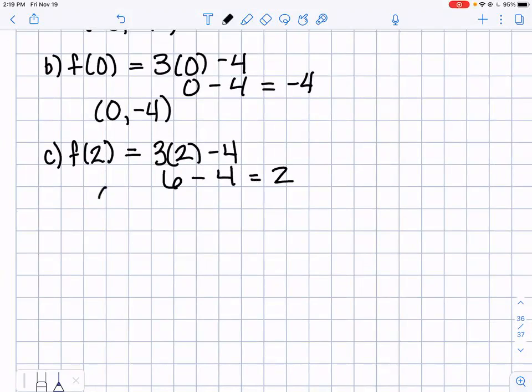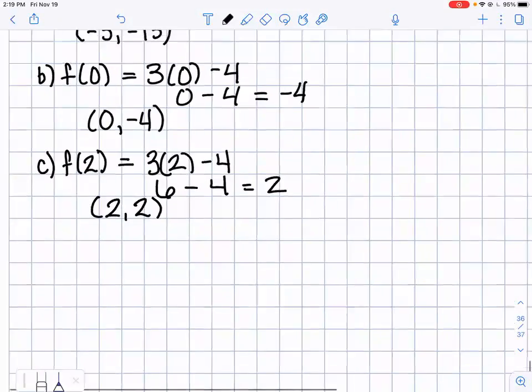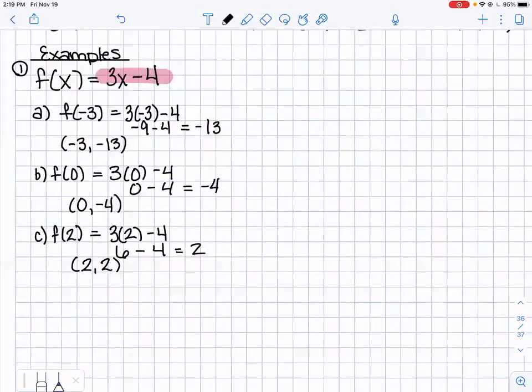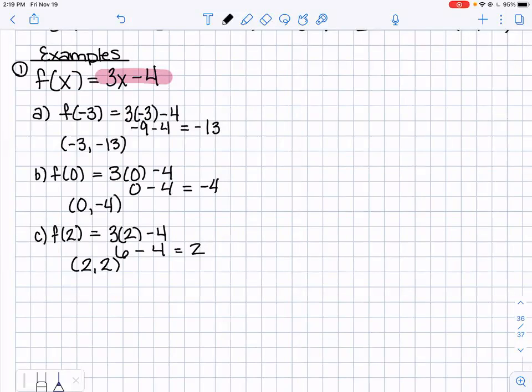So my point, 2, 2. Whatever number's in the parentheses is your x value, so it should go first in your point. We're using this rule up here to find our answers. Let's try another one.